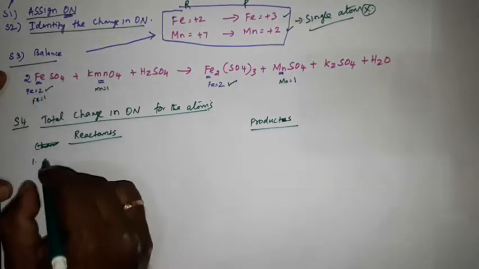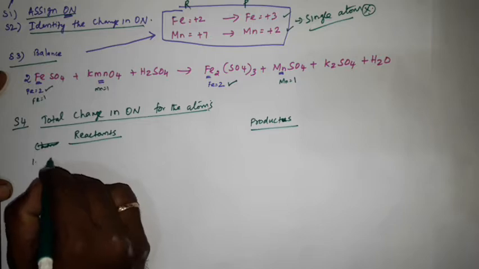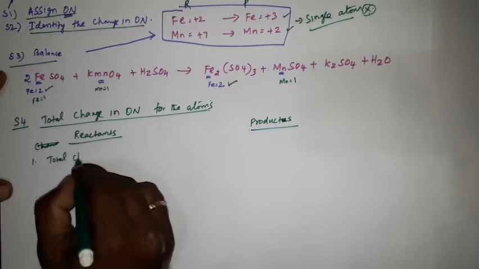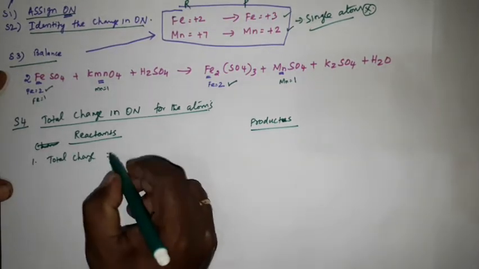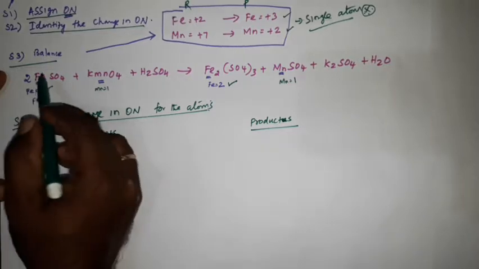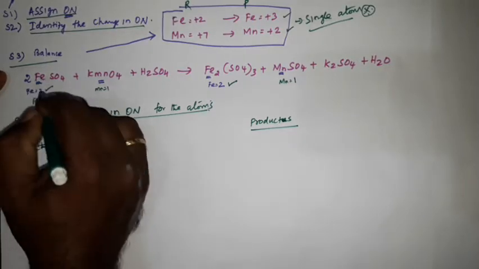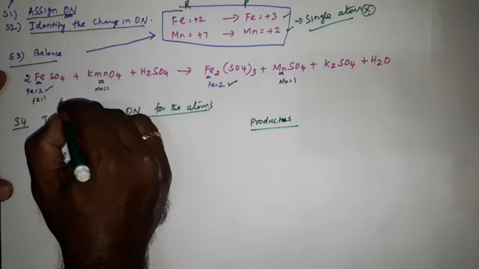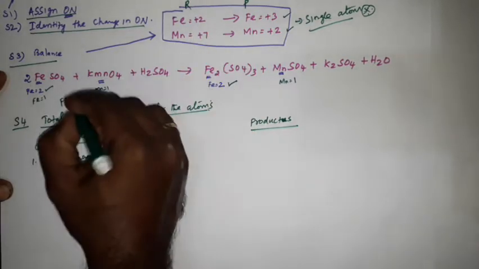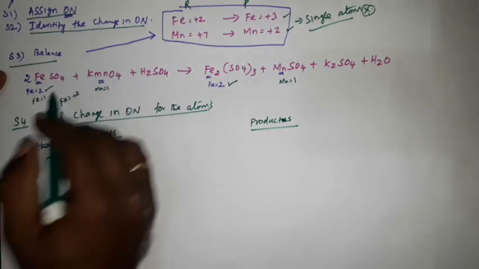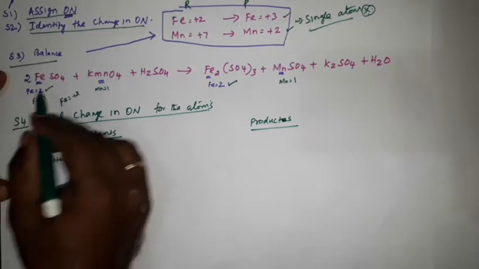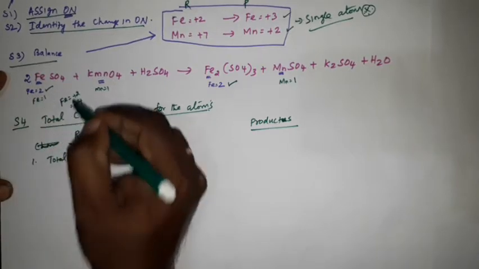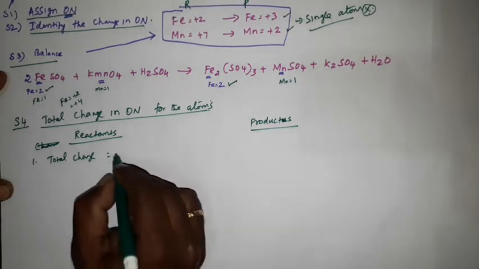So the total change in oxidation number equals, here for one Fe atom, the oxidation number is plus 2. So how many atoms are here total? 2 Fe atoms. So it will come plus 4. Okay, so plus 4.